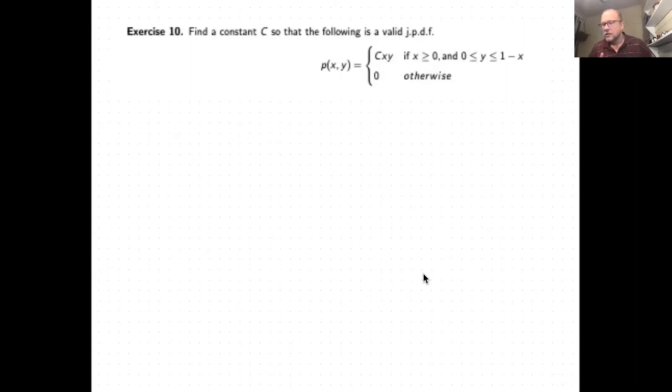So when you're tackling this, the thing I always do is to sketch my support and then set up the integral over it and just find out what I get.